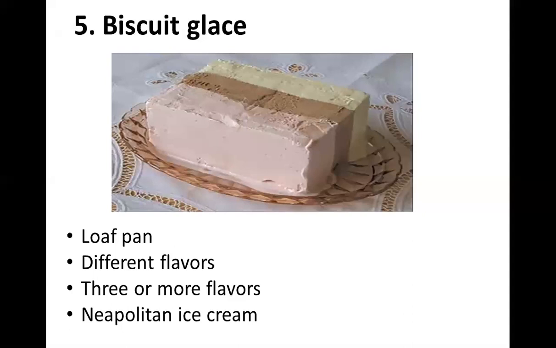Different flavors of the lightened ice cream are laid in the mold. These normally contain 3 or more flavors. As you can see in the picture also, the 3 different flavors of the mixtures are assembled into the loaf pan. These normally contain 3 flavors minimum.